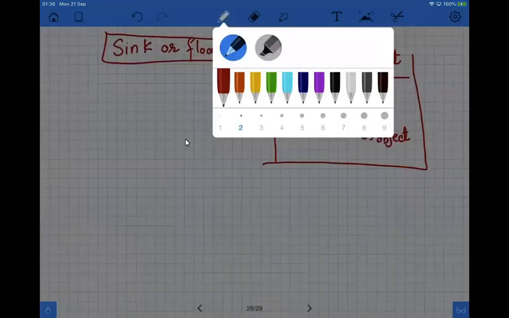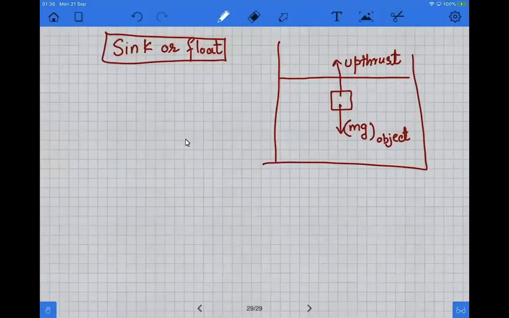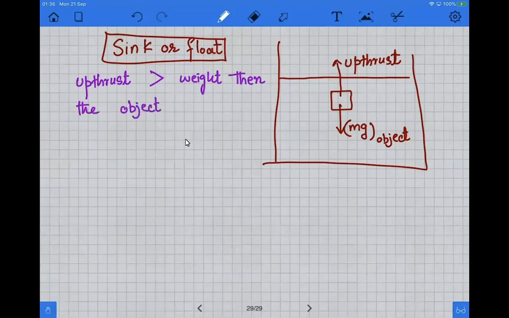Now, a simple method to understand this is: if upthrust is greater than the weight, then the object will float.